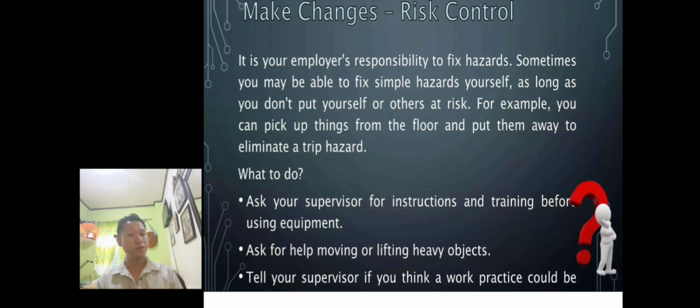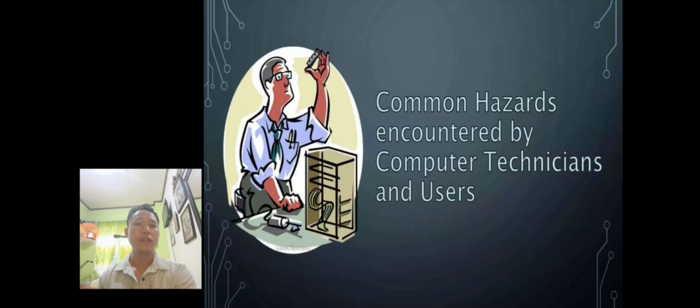What to do? Ask your supervisor for instruction and training for using equipment. Also ask for help moving or lifting heavy objects. And also tell your supervisor if you think a work practice could be unsafe. That's for the management, or risk control.